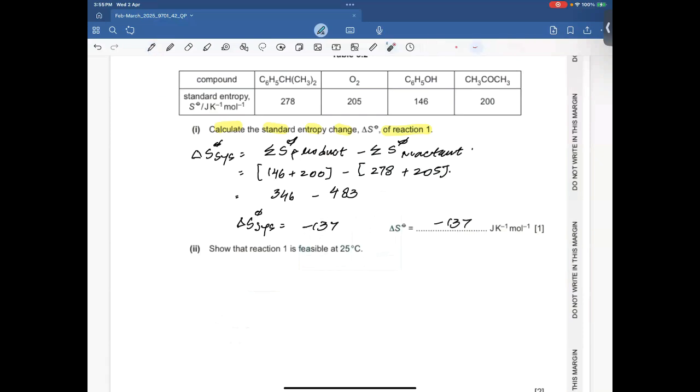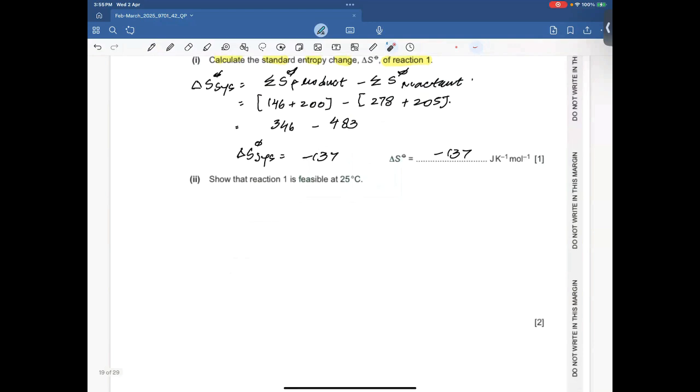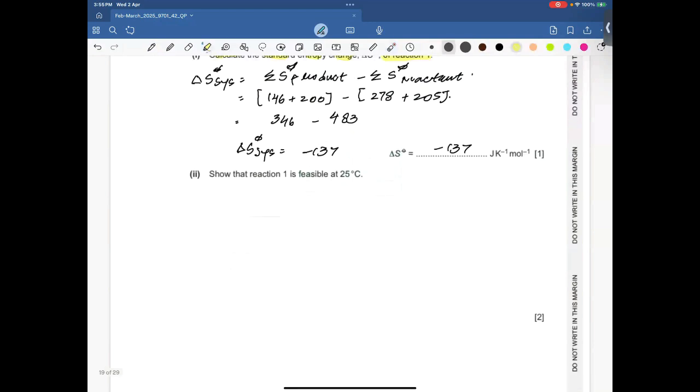याद रखिएगा, entropy has a unit of joules, mole inverse, Kelvin inverse. All right. Show that reaction 1 is feasible at 25 degrees Celsius. By the way, 25 degrees Celsius, we need to convert it into Kelvin. So 25 plus 273 is going to be 298 Kelvin.